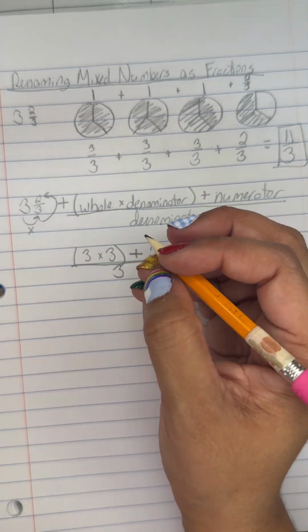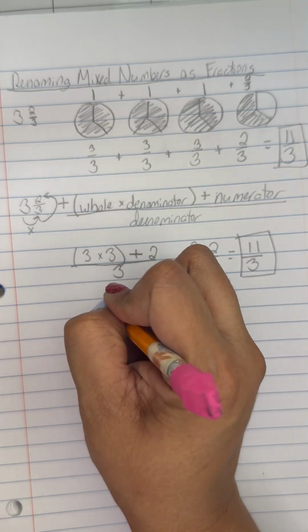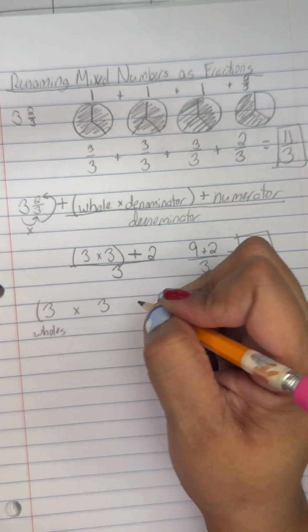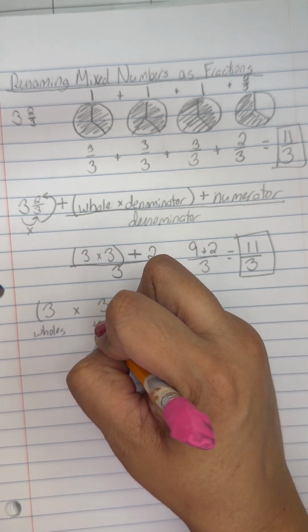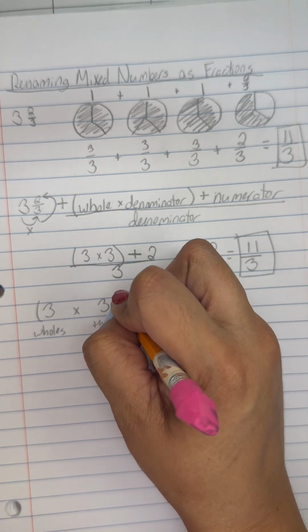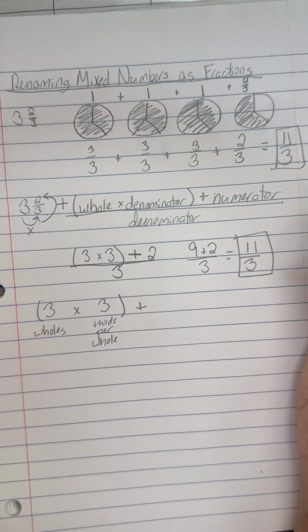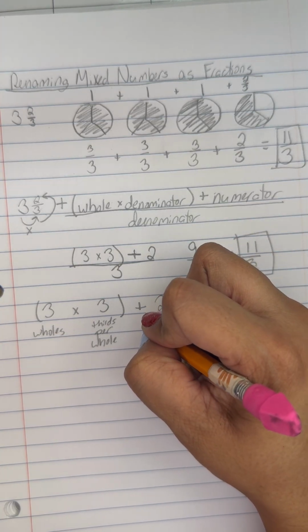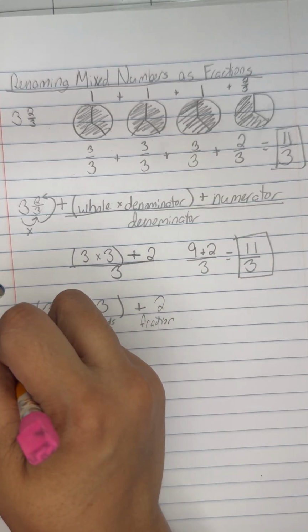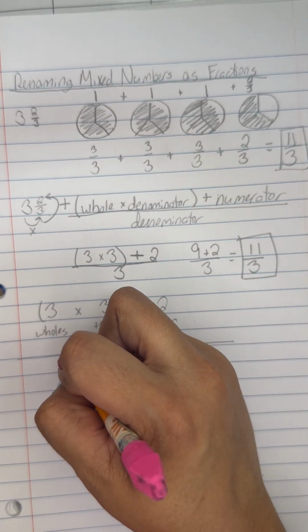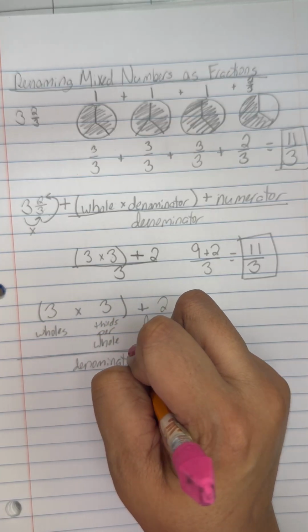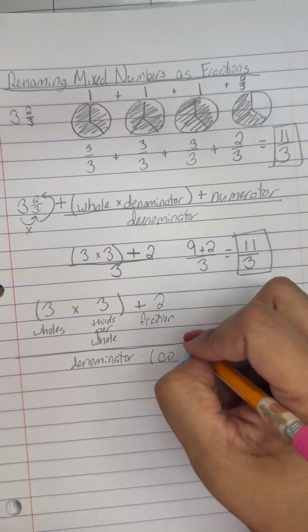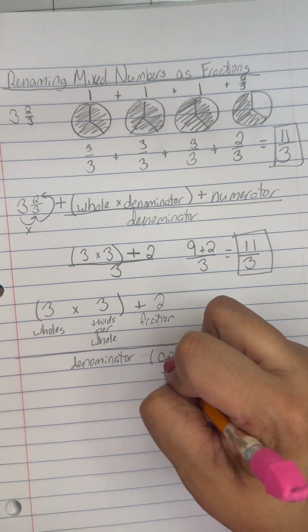So if we write this out in words, I did this in class as well. So we have 3 wholes times 3/3 per whole, plus our remainder, 2 is our fraction part, and that's all over the denominator, because we are counting, let's not put a dash because that looks like subtraction, parentheses, we are counting thirds.